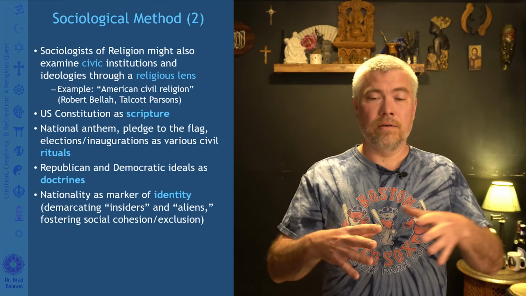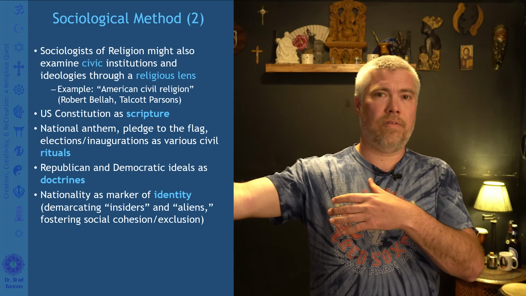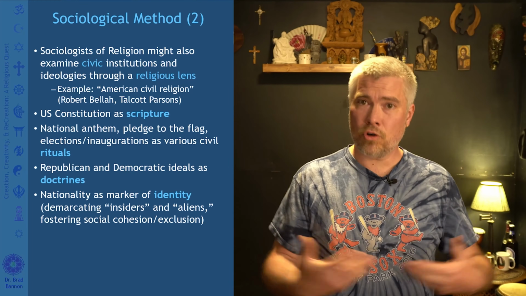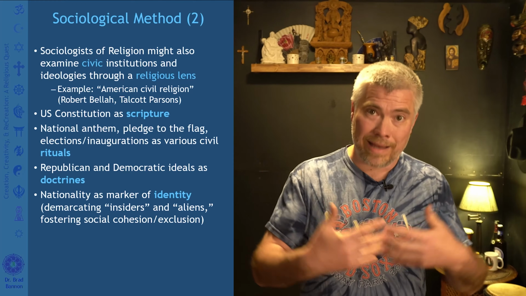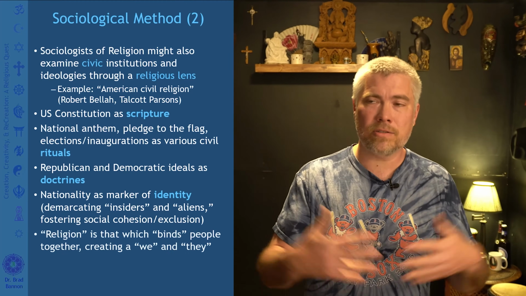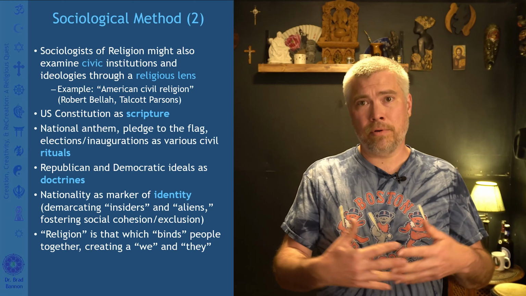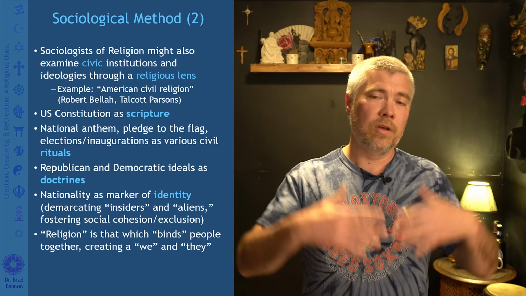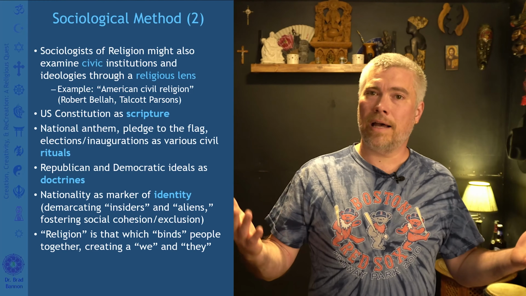Creating a we over and against a they or them. And those can sometimes bring great comfort by drawing people together. Religion is that which binds people together. That's what the word religion means: to bind people to people, to bind people to certain responsibilities, and to bind people to higher transcendental ideals.